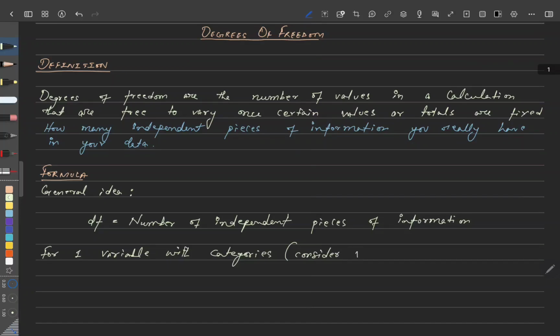Consider a die. It's one variable which can take 6 values. Those are different categories, but fixed values, and that's the reason categories. It can take a value from 1, 2, 3, 4, 5, 6. So there are 6 categories for that die.